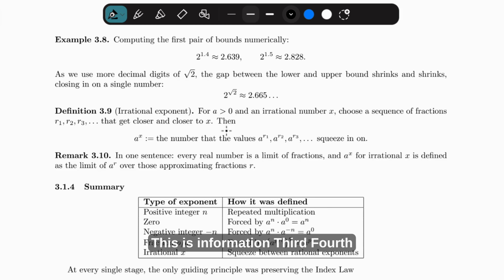Remark 3.13. In one sentence, every number is a limit of fractions, and a to the power x for irrational x is defined as the limit of a to the power r over approximating fractions r.